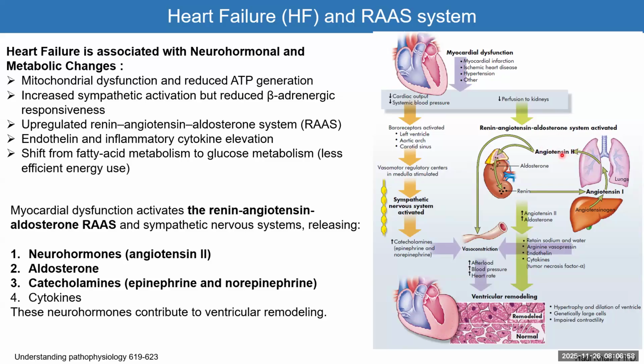And angiotensin 2 affects the release of more aldosterone, therefore more sodium retention, and it also can affect the blood vessel directly so that it could constrict it and increase the blood pressure and the rate.